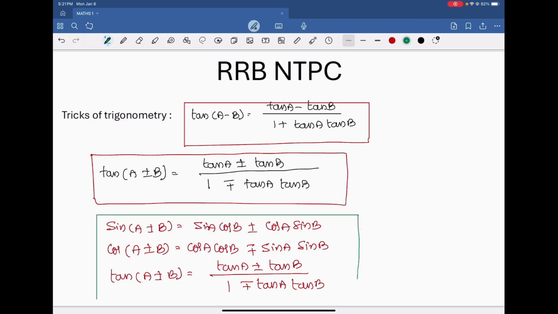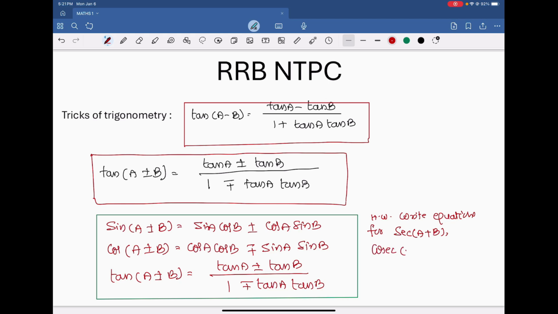Whether you add or subtract one angle from another, the values of sin theta, cos theta and tan theta of the converted angles are given. As a homework, write equations for secant A plus B, cosecant A plus B and cot A plus B.